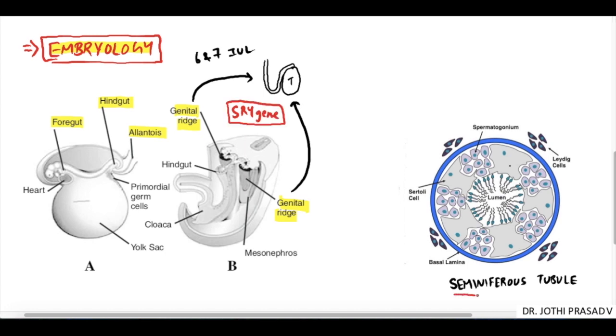Later there is development of seminiferous tubules with two cells, that is Sertoli cells located within the seminiferous tubule and Leydig cells located outside it. The Sertoli cells produce Mullerian inhibiting factor, which will inhibit the Mullerian duct structures.